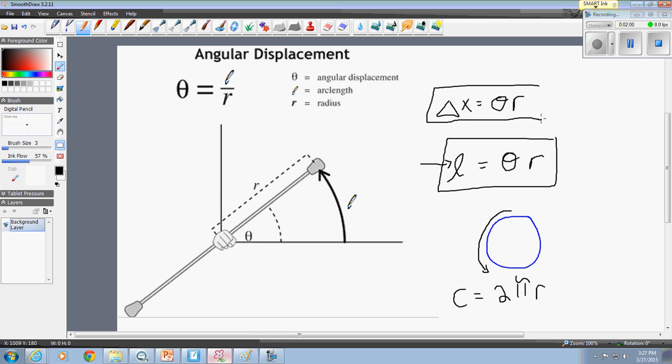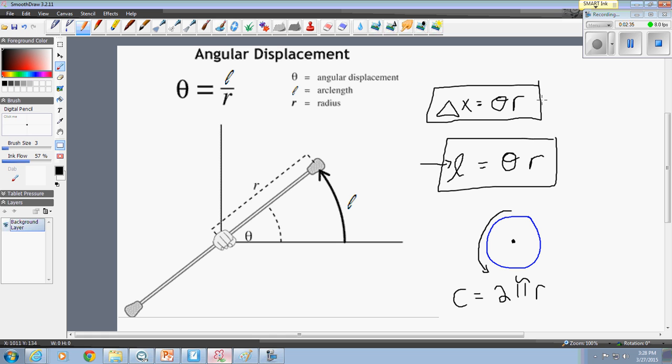So this formula is essentially saying the same thing as this formula, but let's put it into terms that we're used to working with. If we want to know how far something displaces based on how much its angular displacement is, and we know the radius from the axis, then we can figure out how far it's going to go.